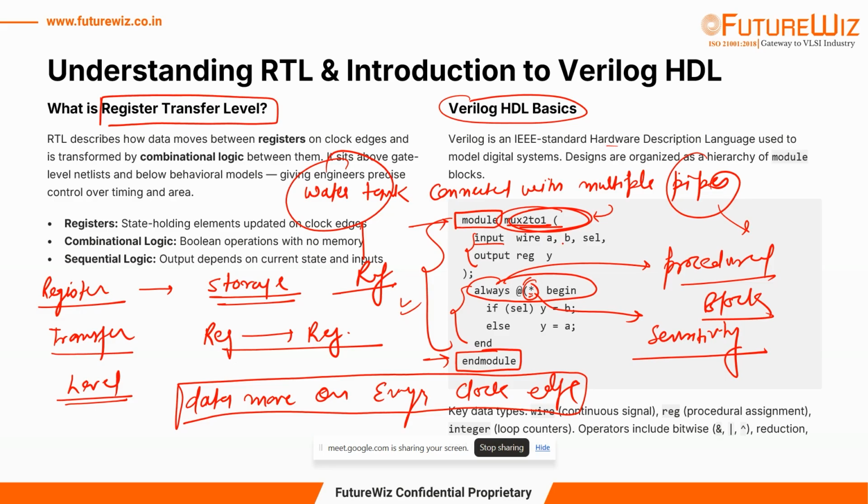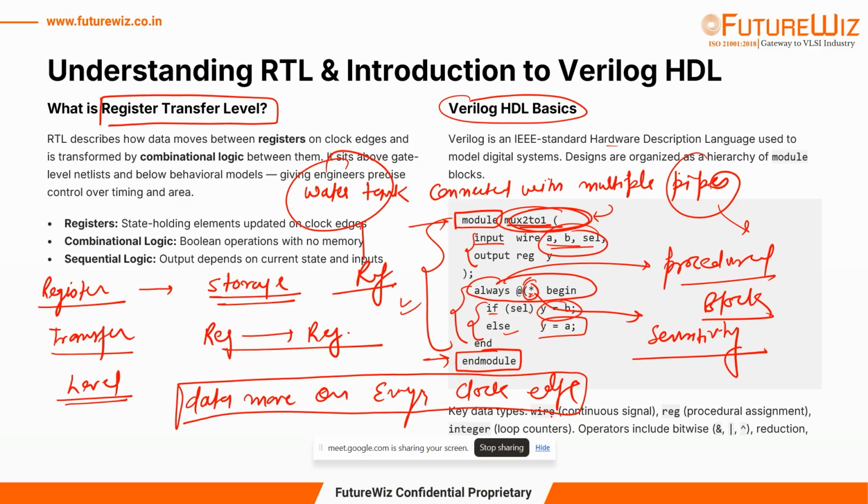So by default it will take A, B, and the selection line as the sensitivity list, and then we are describing the behavior: if the selection line is equal to 1, then y will be B. If the selection line is equal to 0, meaning the else part, then y is getting the signal A, right? So this is the complete flow of writing the DUT in Verilog. Some basic example I have just taken over here.